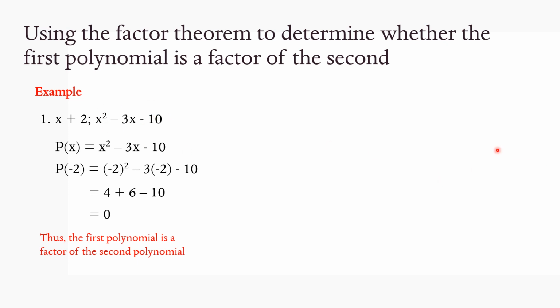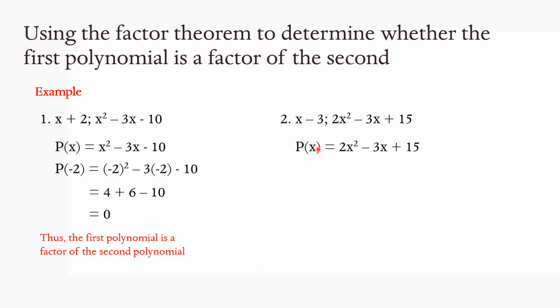Okay, next I have another example. We are going to test whether x minus 3 is a factor of 2x squared minus 3x plus 15. Same process. So copy the second polynomial as our given polynomial, that is 2x squared minus 3x plus 15.